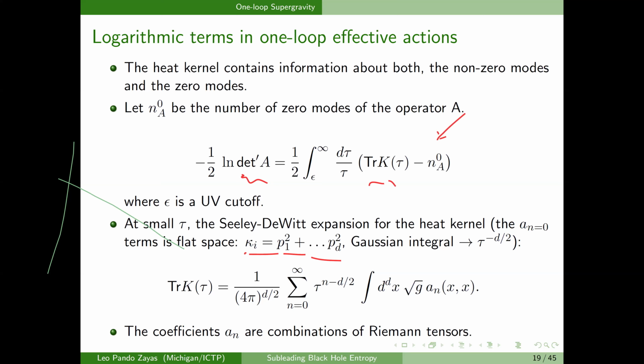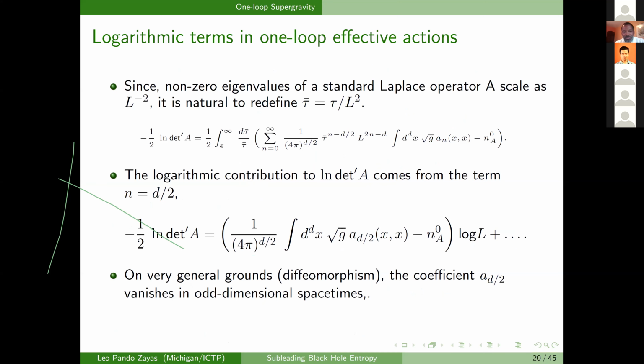And then I have to compensate for the fact that I'm really not in flat space. But that's essentially the physics of this heat kernel expansion. Now these coefficients are combinations of Riemann tensors and other diffeomorphism invariant combinations, right? I know that this is small print because I just want to give you a flavor of the comment I made at the beginning.